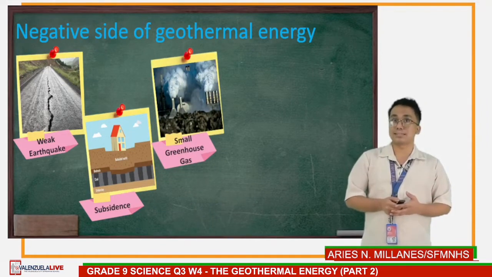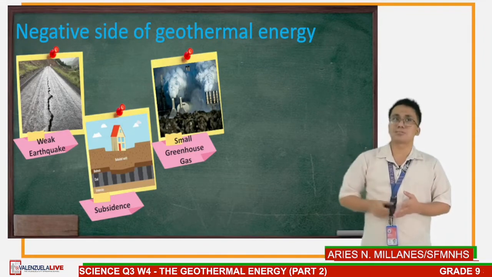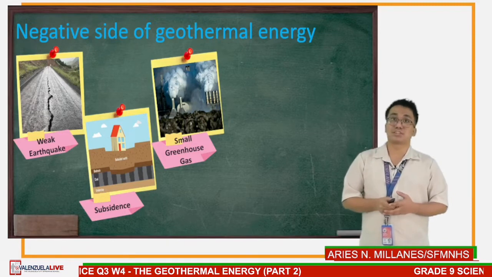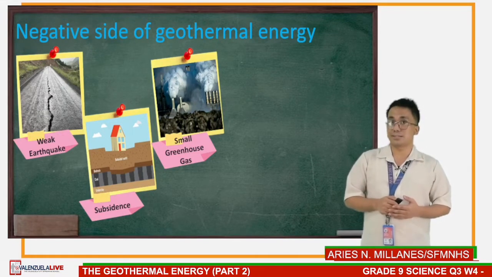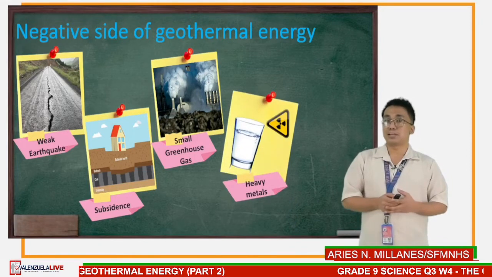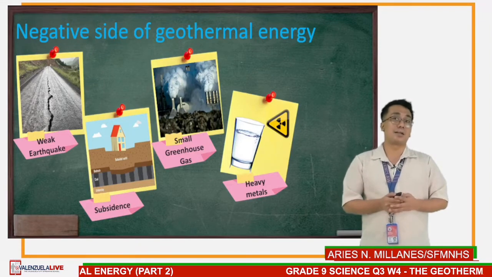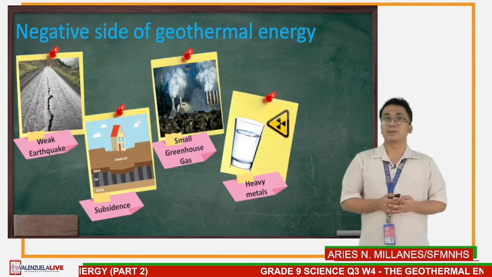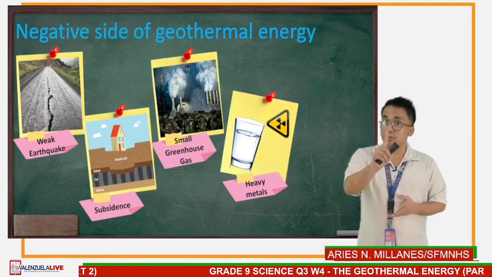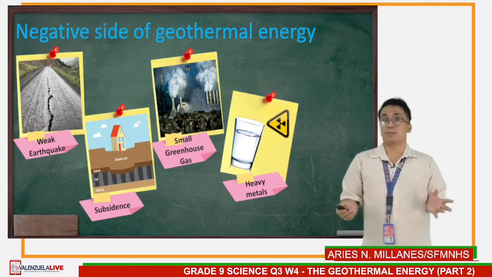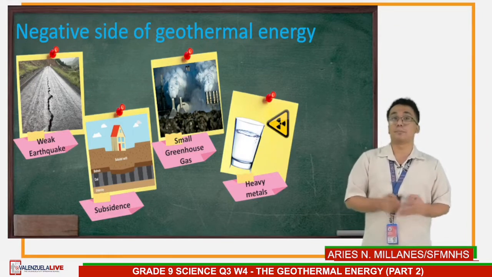Geothermal power plants can also release a small amount of greenhouse gases such as hydrogen sulfide and carbon dioxide, but not as great as fossil fuels. These harmful substances can leak into water sources only if the geothermal system is not properly insulated or maintained.